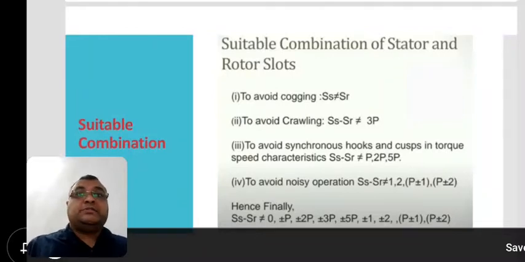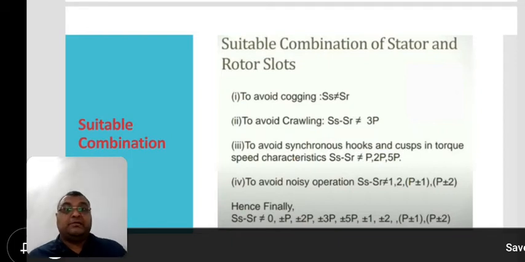When considering the design of the three-phase induction motor, we need to consider the stator and rotor slots.